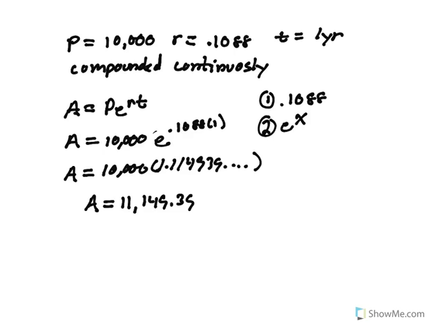It's known as Euler's number. It was named after a mathematician, and it's a mathematical constant that's approximately 2.71.